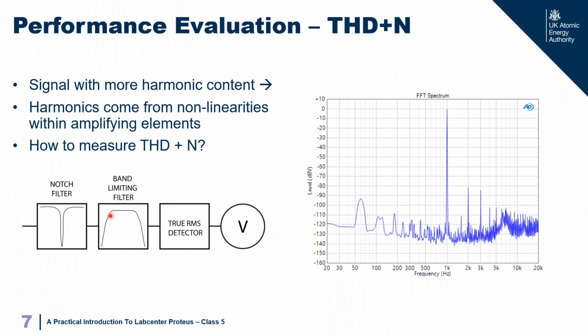For audio, it's 20 hertz to 20 kilohertz. And then you'd feed the rest of it, imagine the fundamental has been deleted and you've got the rest left over, into an RMS voltage measurement, and that would give you the RMS value of the distortion noise that's left over.